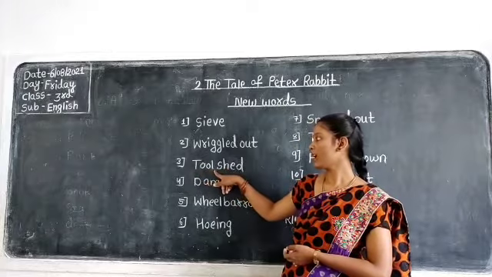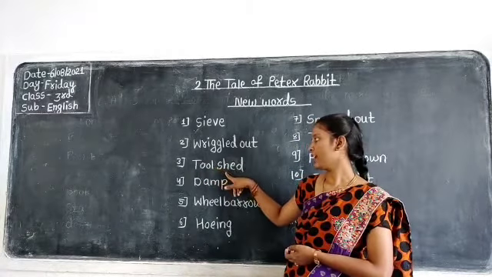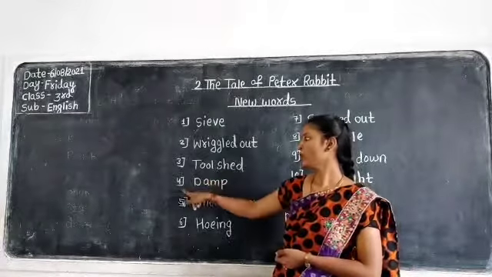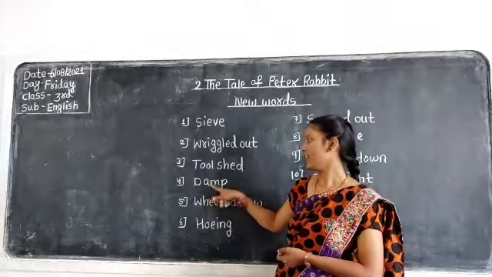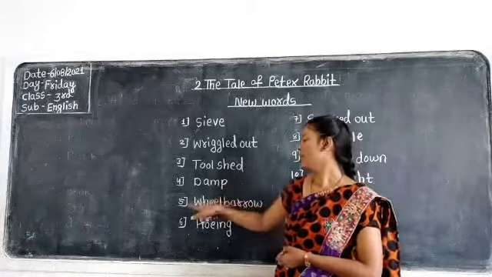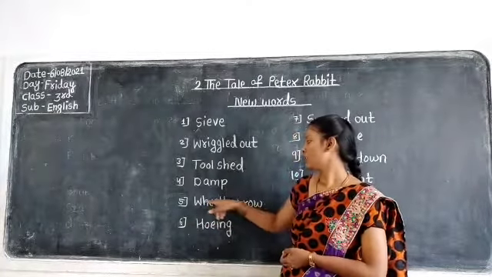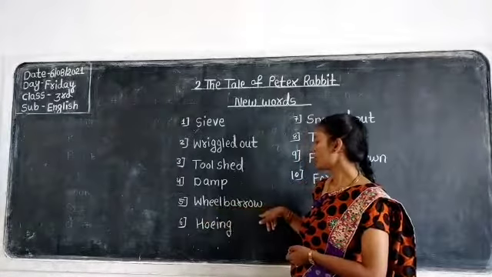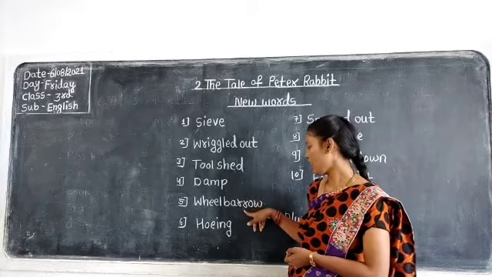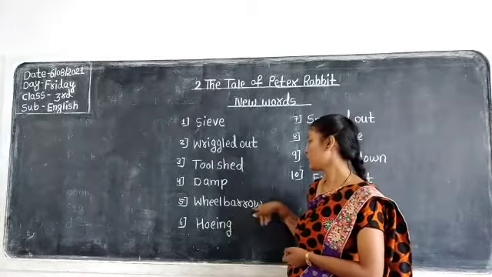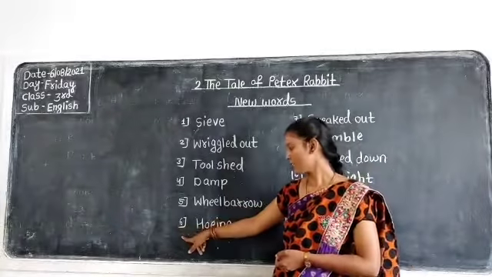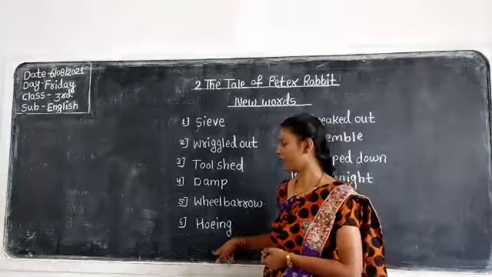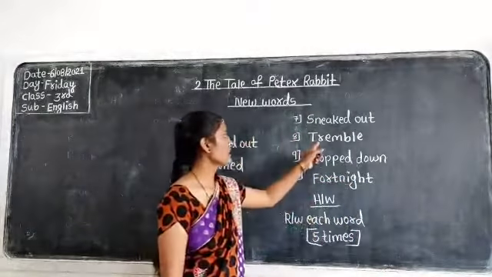T-O-O-L. Fifth one is wheelbarrow. W-H-E-E-L. Wheelbarrow. B-A-R-R-O-W. Barrow. Wheelbarrow. Sixth one, hoeing. H-O-E-I-N-G. Hoeing.